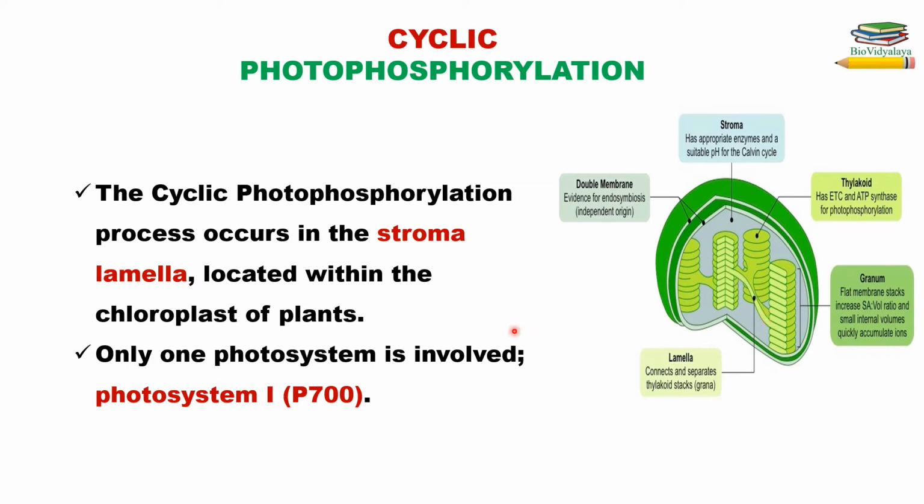Only one photosystem is involved in cyclic photophosphorylation, that is photosystem 1, which means P700. We know that in non-cyclic photophosphorylation, two photosystems are involved, both photosystem 1 and photosystem 2.